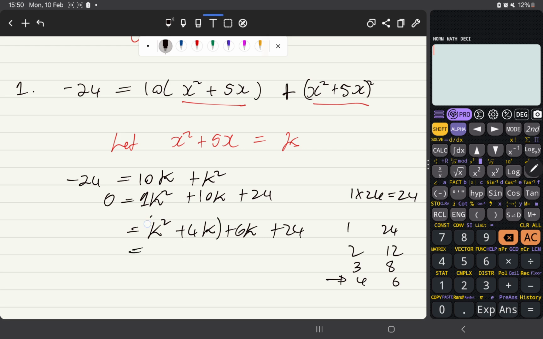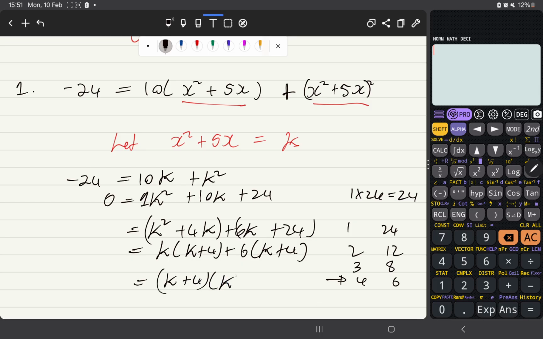Taking out the common factor here, it's k into k plus 4. I take out the common factor here, which is 6, and I have k plus 4. So now I have a common factor of k plus 4.